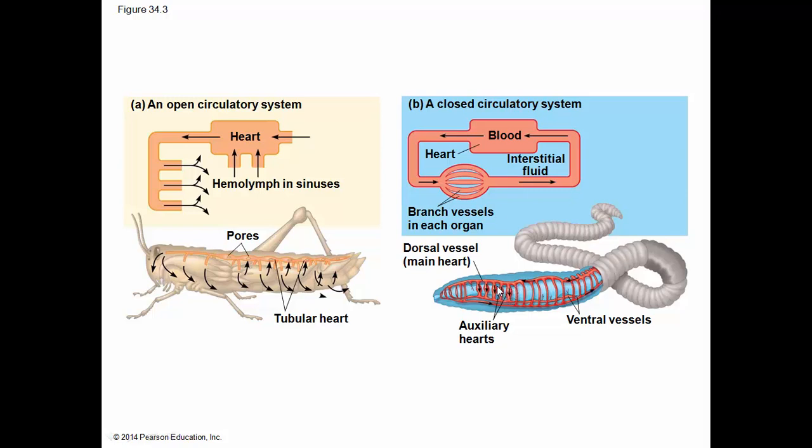These 5 hearts pump in a particular direction, and they pump the blood through the worm, and I believe that they get a lot of their oxygen directly. They don't have lungs, so they directly obtain oxygen from the atmosphere.